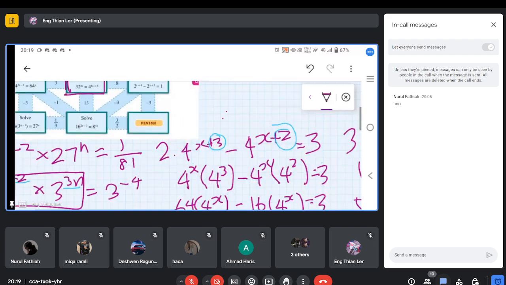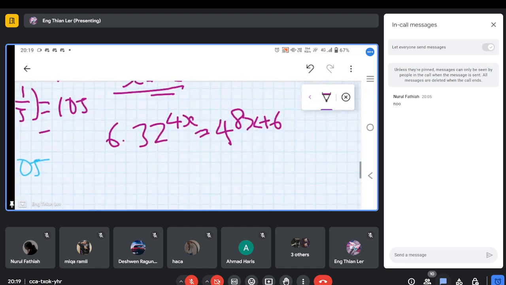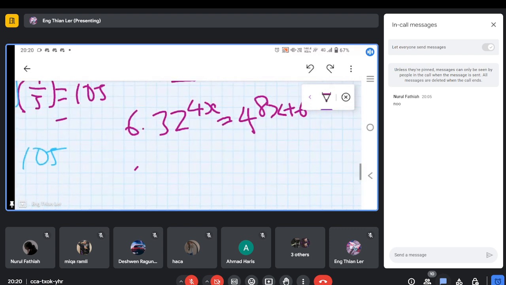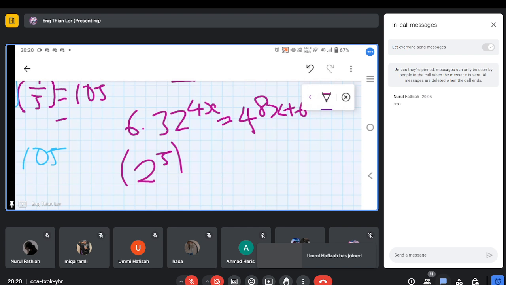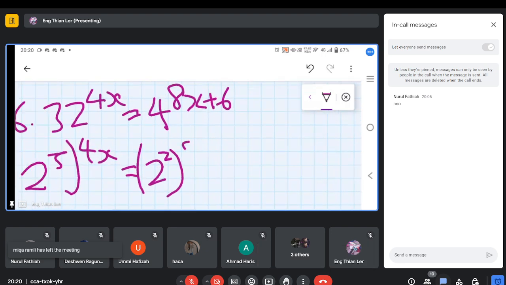Okay, correct. Okay, now let's solve this. Still the same, different base. We just make them to the power of 2. So this is 2 to the power of 5 to the power of 4x equal to 2 squared to the power of 8x plus 6.